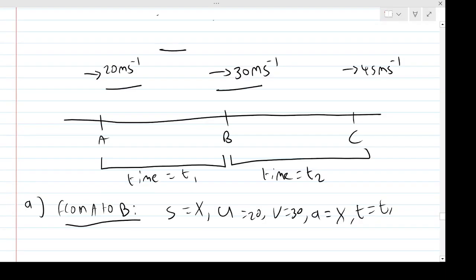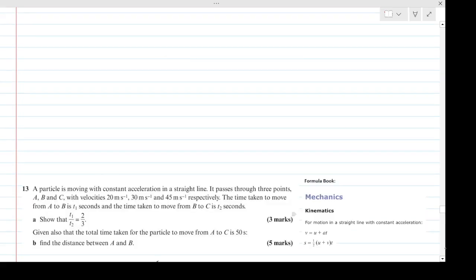So if I just call it A meters per second squared, between the two journeys the acceleration is still A. So if I call that A, what formula can I use? I can use V is U plus AT, right?